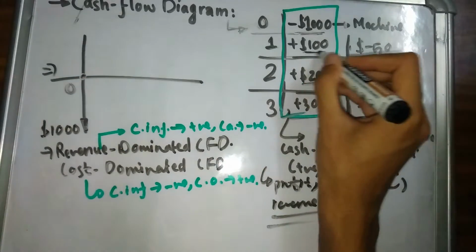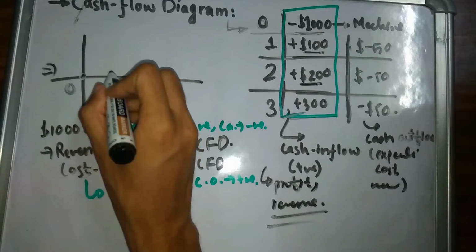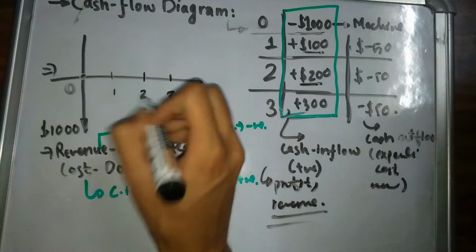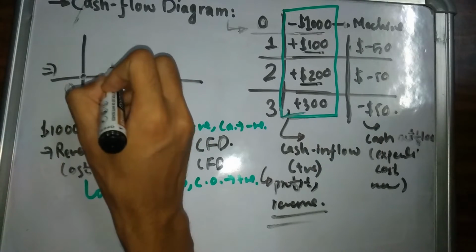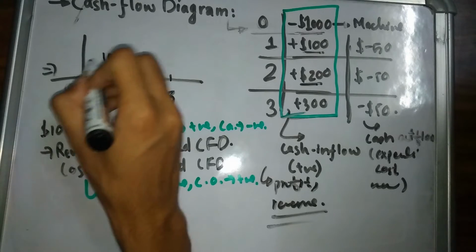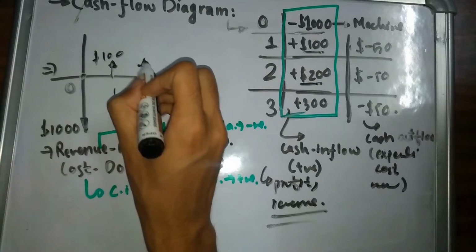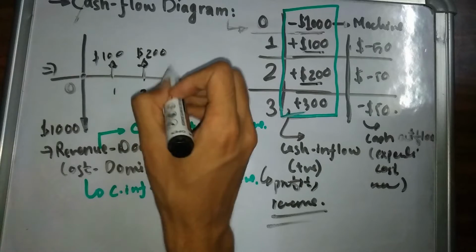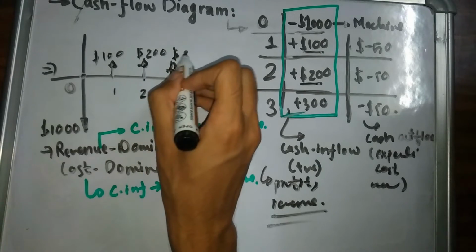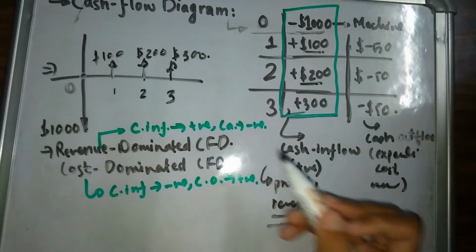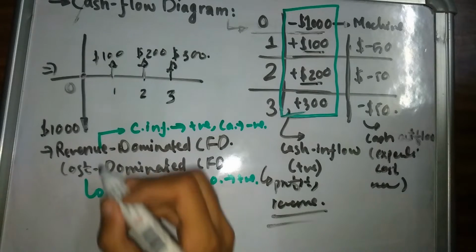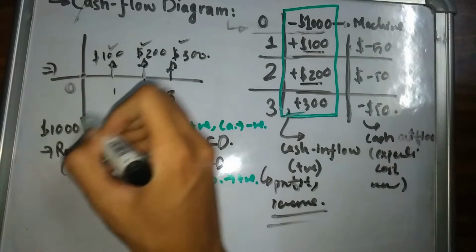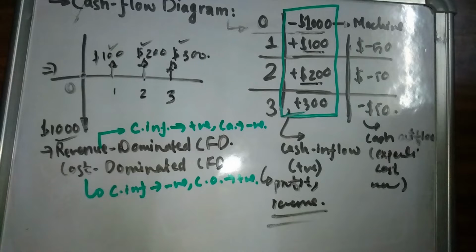Next I have my cash inflow at times 1, 2, 3. I have a cash inflow of $100, and I'm going to denote it by the upward direction. Next I have a cash inflow of $200. These are my revenue generated every year, so I'm going to treat them as positive. The $1,000 is going to be treated as negative.